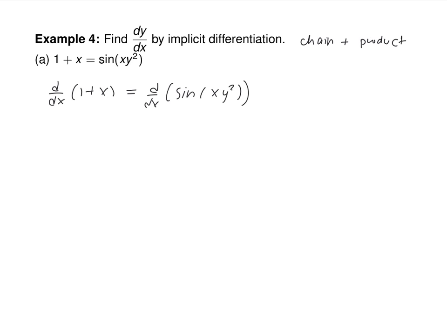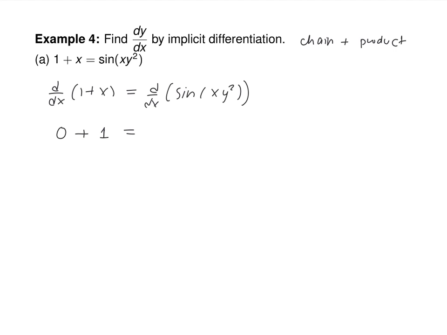Because to take the derivative of the inside stuff, you're going to use the product rule on it. What's the derivative of a constant? 0. Even funny constants, right? So this will be 0 plus 1 equals.